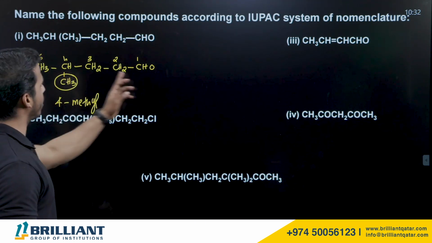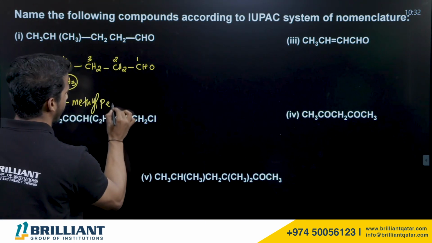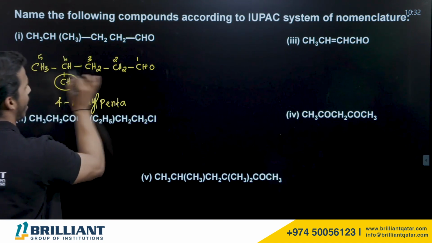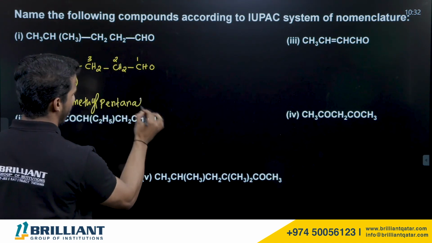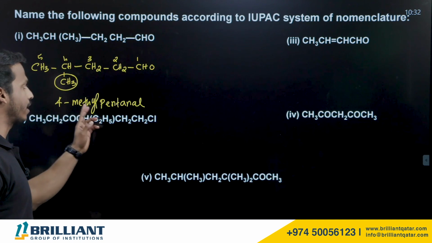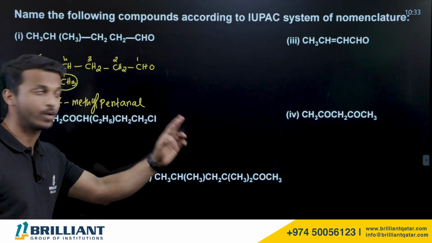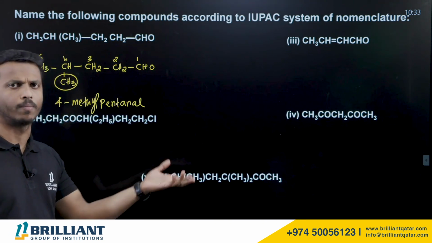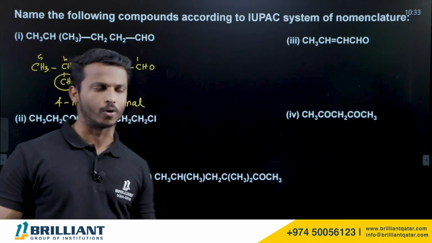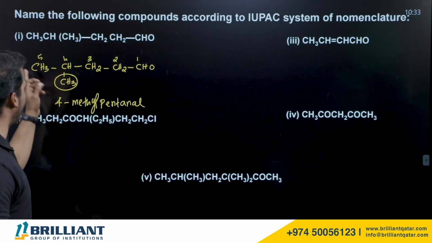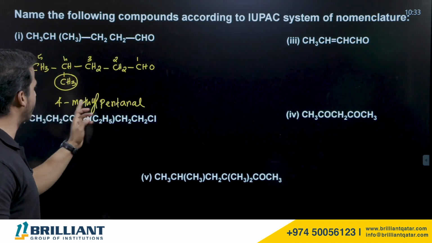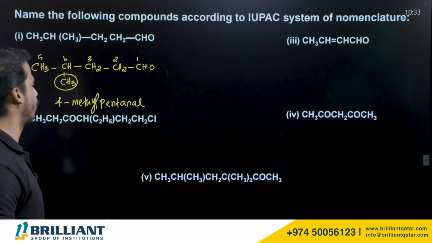Total there are 5 carbons, therefore pentan. It's an aldehyde, so we can say pentanal, or 4-methyl pentan-1-al, because the aldehyde is on the first carbon, but for the first carbon there is no need to mention the number. So 4-methyl pentanal or 4-methyl pentan-1-al, that's also fine.